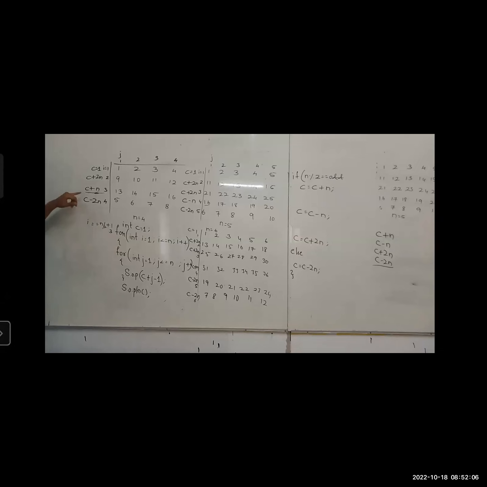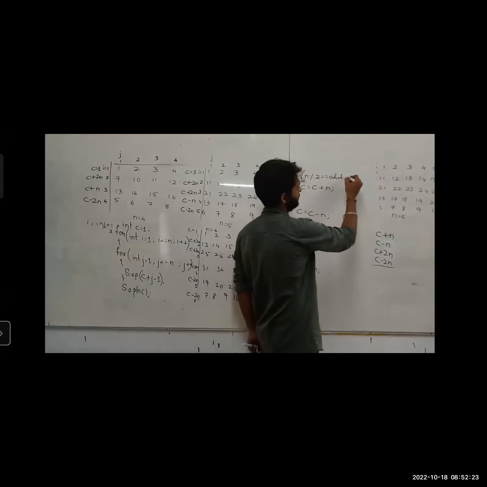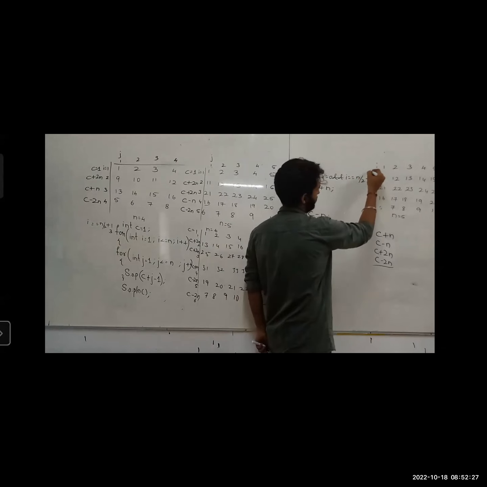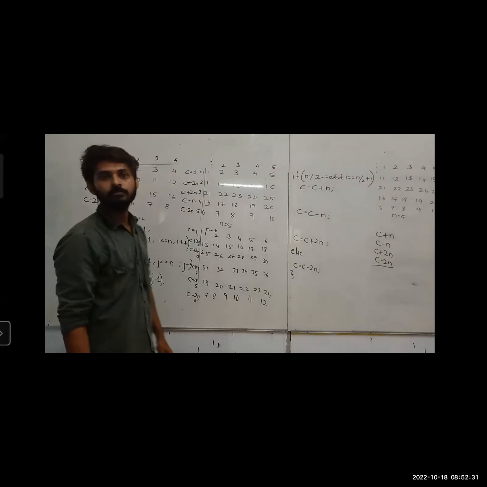If you observe, I want C plus n when I value is 3. Means what? 3. How can I say? N by 2 plus 1. Directly I have written it here. Right?